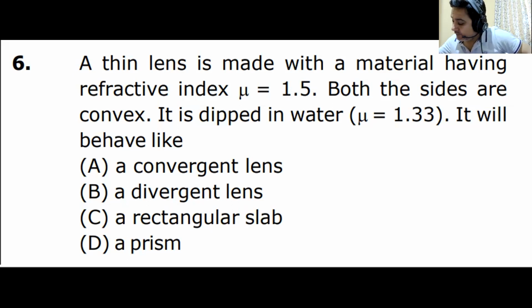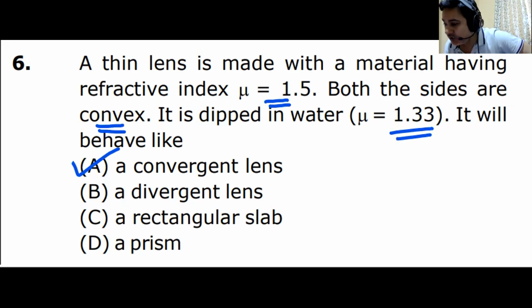It will behave as a convergent lens. The reason is in air it is a convergent lens. Convex lens, yes, sir. In water, the refractive index of water is 1.33, but the refractive index of the lens is 1.5. It is more than the refractive index of water, so its nature will not change.